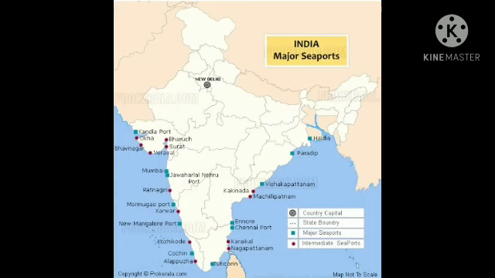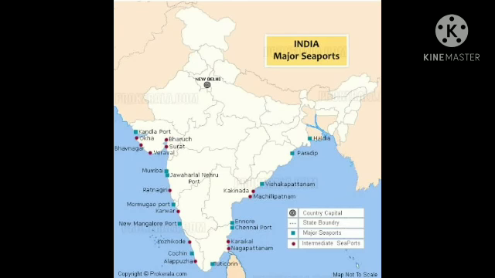Then the next major port is Haldia port, which has developed as a subsidiary port in order to relieve growing pressure on the Kolkata port. So Khandala port and Jawaharlal Nehru port are subsidiary ports of Mumbai port, while on the eastern coast the subsidiary port is Haldia, developed to decongest the trade volume of Kolkata port.